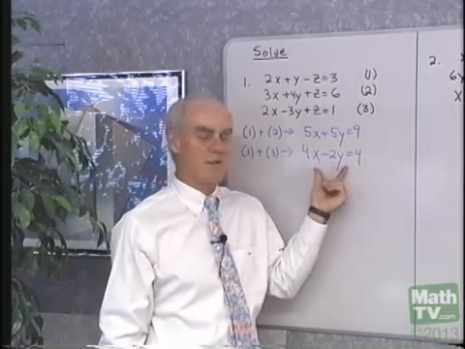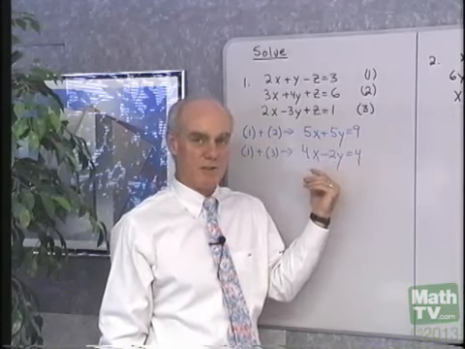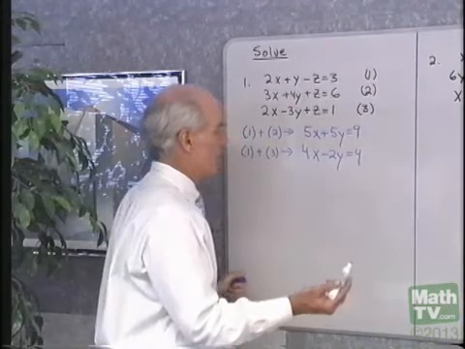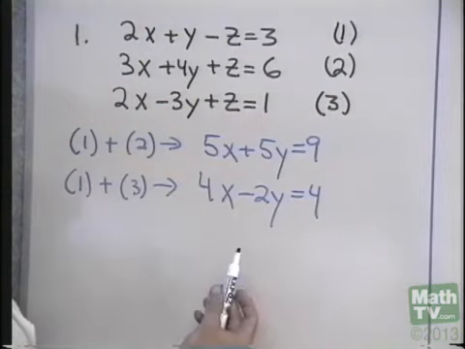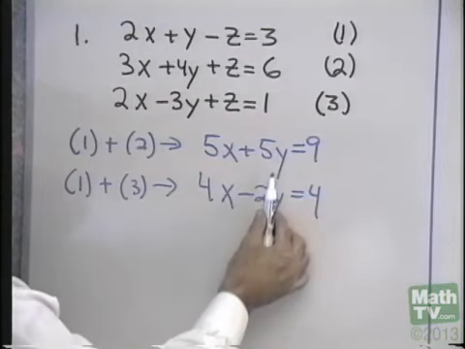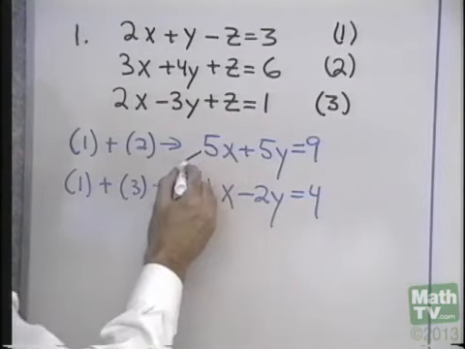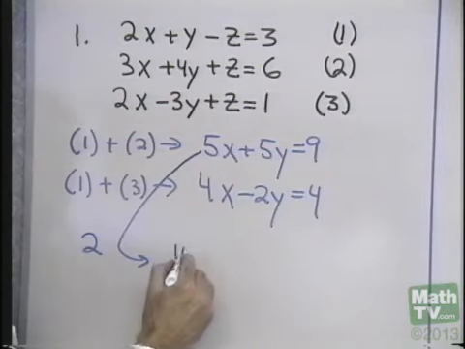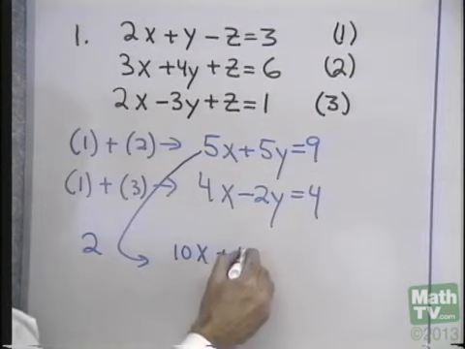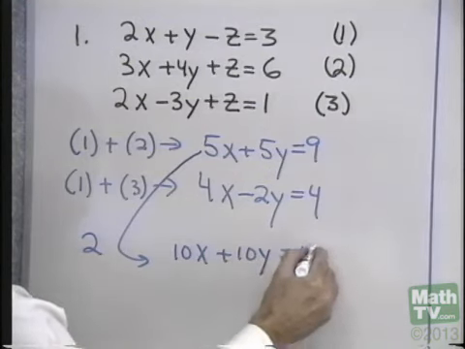Now I can solve this system for x and y in the same manner that I solved the systems in the previous section. So let's decide that we want to eliminate, it doesn't really make any difference, let's eliminate y from this pair of equations. So I'll multiply this first equation here by 2, and I'll have 10x plus 10y is equal to 18.